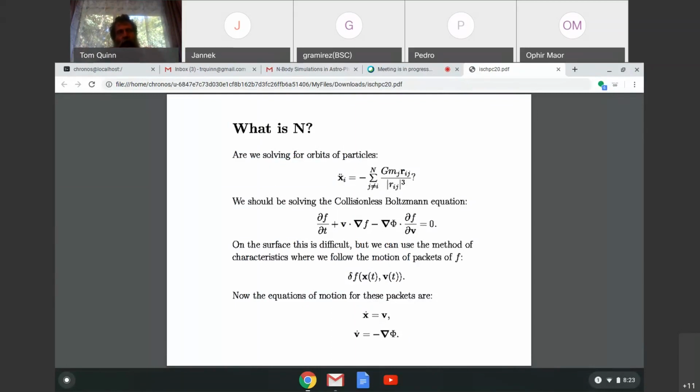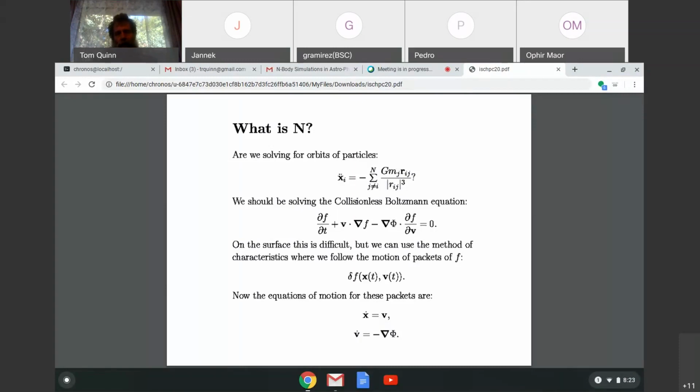But in the large N limit, what we're actually looking at is the evolution of the distribution function. So f here is the probability of finding a particle at a particular point with a given velocity.